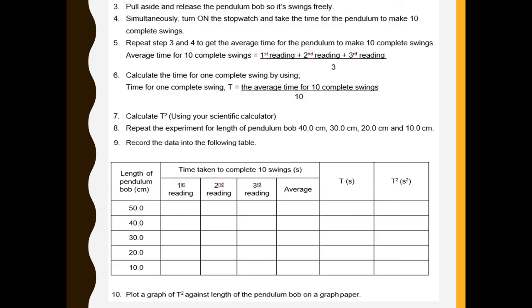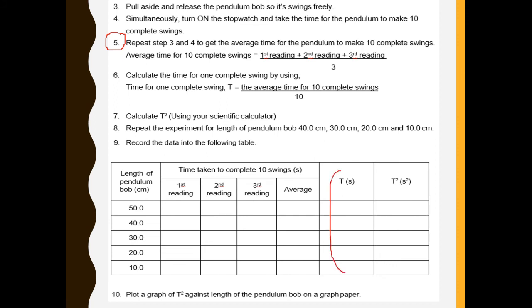And then when we have completed, first we need to repeat 3 times for the length 50 centimeter, and then we find out the average by using procedure number 5, and then we calculate the time for the swing, and then we calculate T square.